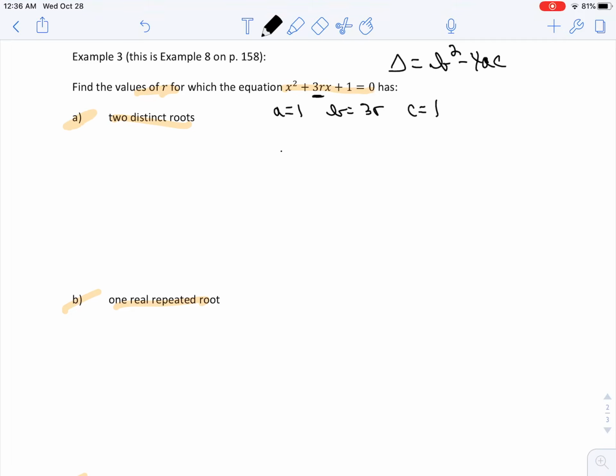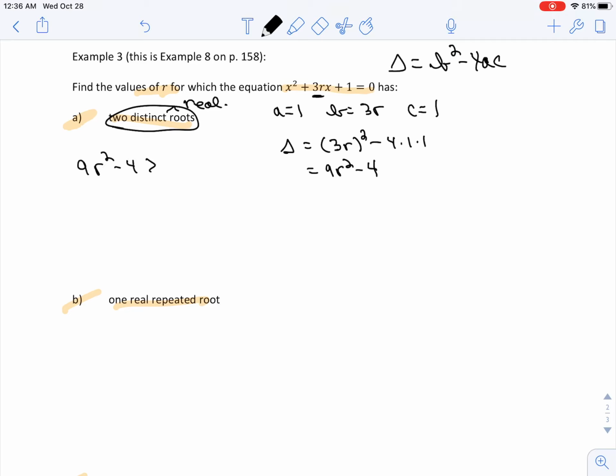So the discriminant then is going to be b squared, so quantity 3r squared, minus 4 times a, which is 1, times c, which is 1. So we end up with 9r squared minus 4. Now, if we want two distinct real roots, let's be clear about that, then that means that 9r squared minus 4, the discriminant, has to be greater than 0, right?